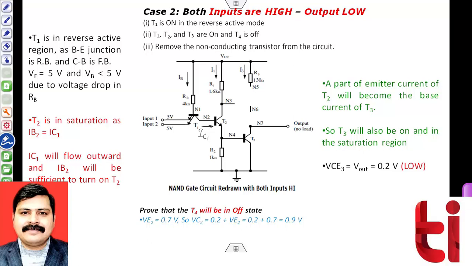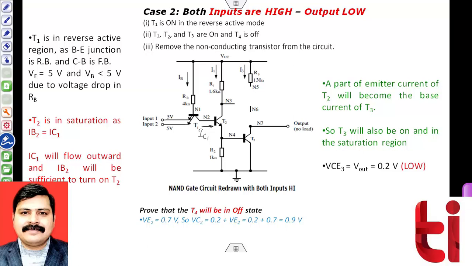Also, the transistor T2 is working in saturation region. That means the collector to emitter voltage of this transistor T2 will be equal to 0.2 volt. Therefore, the collector voltage of transistor T2 is 0.2 plus 0.7, which I have written over here, and it will be 0.9 volt.